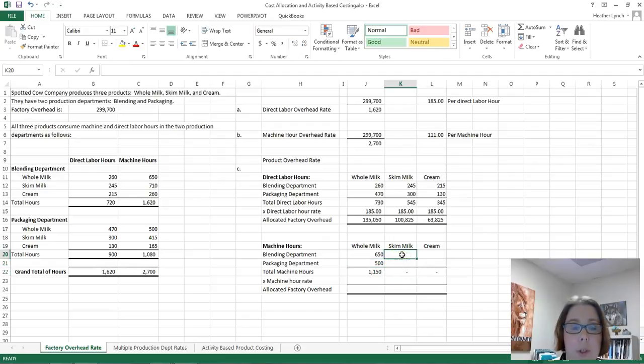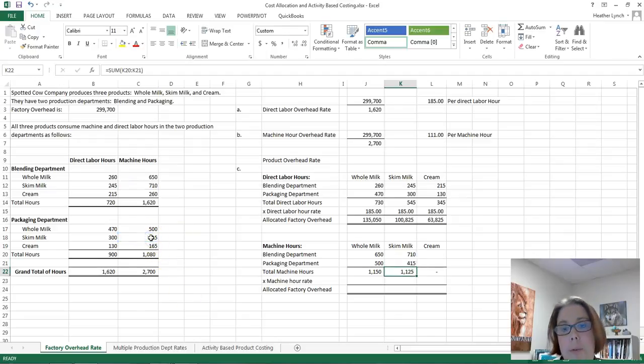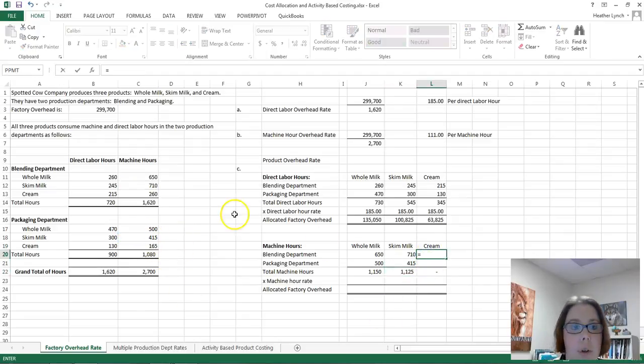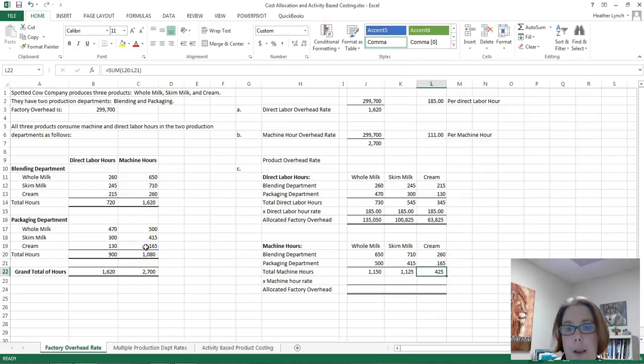For skim milk, we had 240 and 710, and then we had 415. For cream, we had 260, and we had 165.